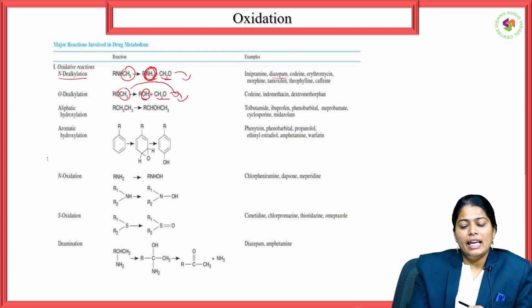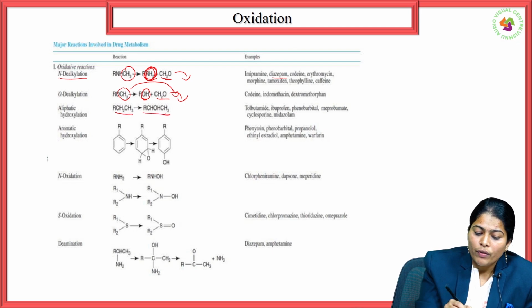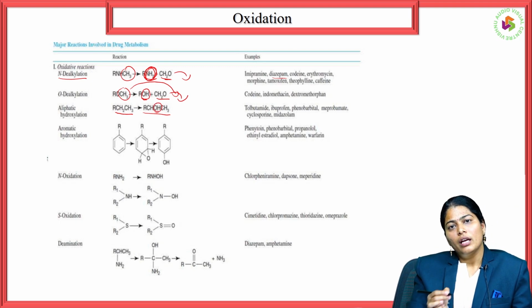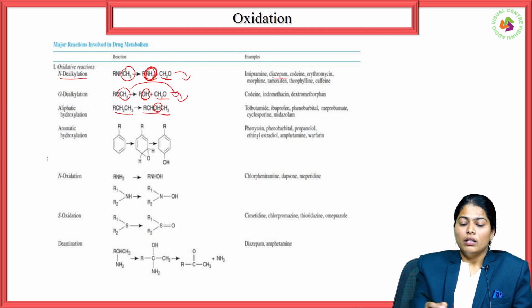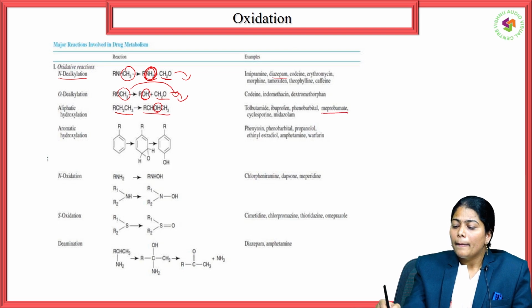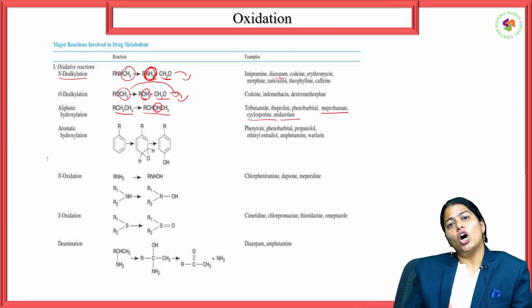So next one, aliphatic hydroxylation. Here, one OH group is attached to the drug molecule, which increases the solubility in water. So the components like tolbutamide, ibuprofen and phenobarbital and cyclosporins and midazolam, all these types of compounds are involved in aliphatic hydroxylation and convert into water soluble molecules.